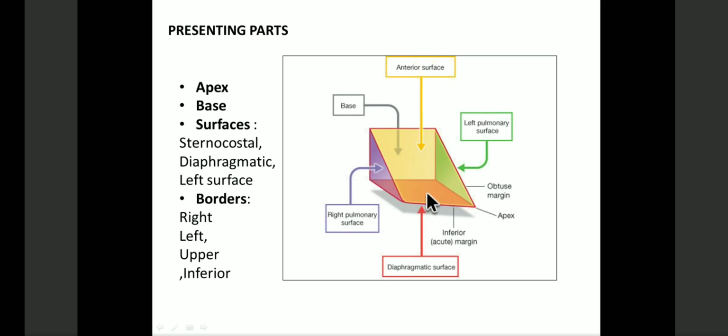If you remember, we discussed that the fibrous pericardium is attached inferiorly with the central tendon of the diaphragm and the left muscular part. This surface of the heart, which is in relation to the diaphragm, or which is actually the inferior surface, is called the diaphragmatic surface.